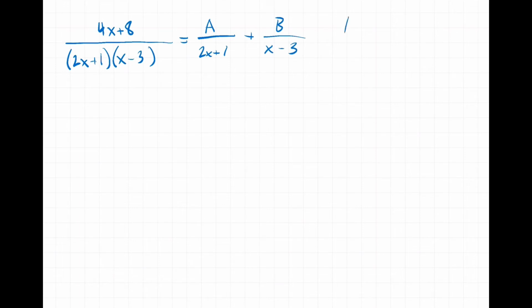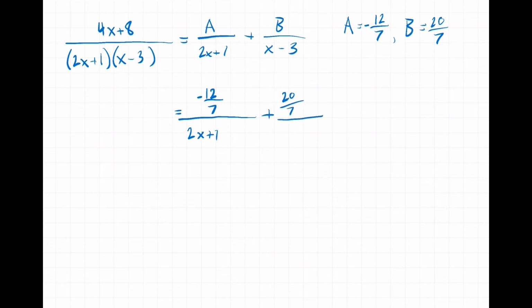And we found that a equals negative 12 over 7, and b equals 20 over 7. So we can just fill these in now. That means that we have negative 12/7 over 2x plus 1. Make sure to emphasize your big division bar when you have a fraction over a fraction here. Plus, our b is 20/7 over x minus 3.